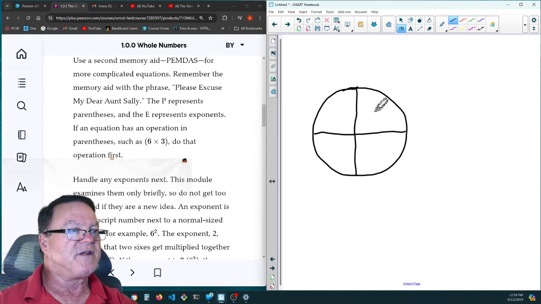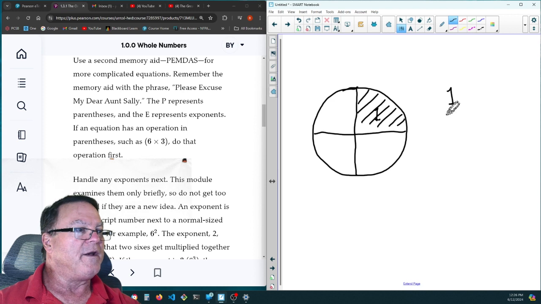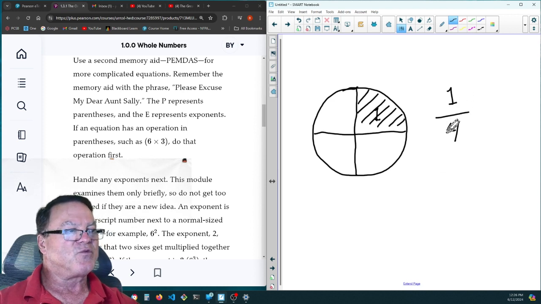If I take one of these pieces for myself and I'm going to eat it, I've eaten one of the 4 pieces. That's 1/4.